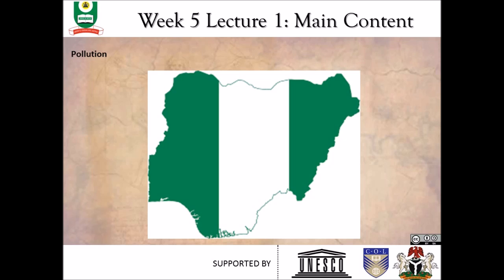Since Shell began drilling oil in Ogoniland in 1958, the people of Ogoniland have had pipelines built across their farmlands and in front of their homes, suffered epidemic oil leaks from these very pipelines, and have been forced to live in constant flaring of gas.